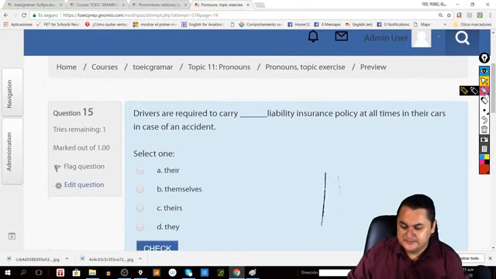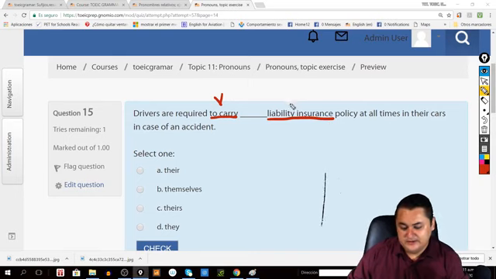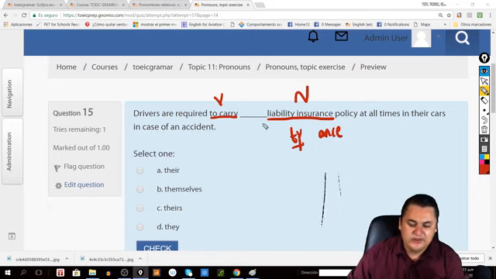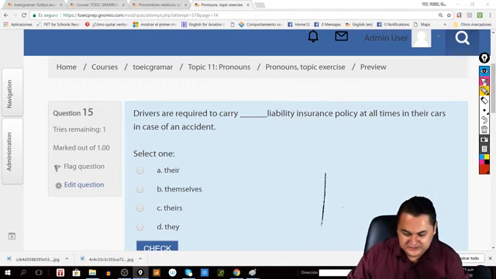Now here, we have the word carry, which is a verb, and the word liability insurance. Liability ends in ty, that is a noun. Insurance ends in ance, it is a noun. And if we have a verb and a noun in the middle, as you probably know by now, we need a possessive adjective, and the possessive adjective is the first option.